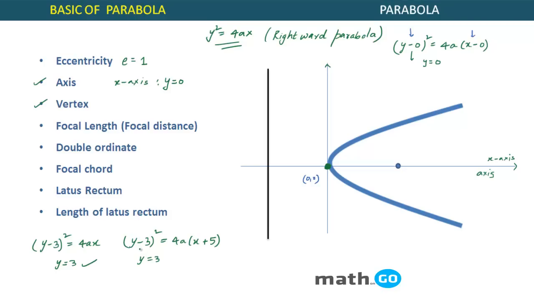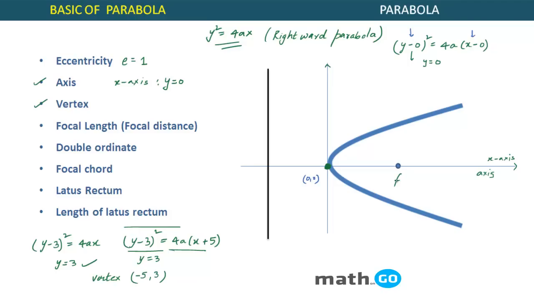When this quantity becomes 0 at y equal to 3, right? So the ordinate of the vertex is 3, and this will become 0 when x is equal to minus 5. So this is the vertex, right? This is how you find the vertex. I'll come to what these kinds of equations actually mean. Don't worry about them.